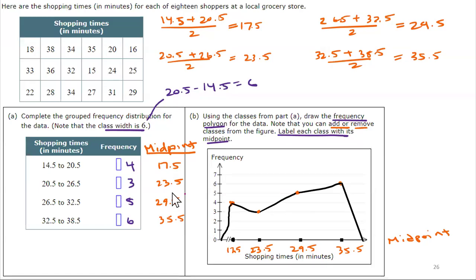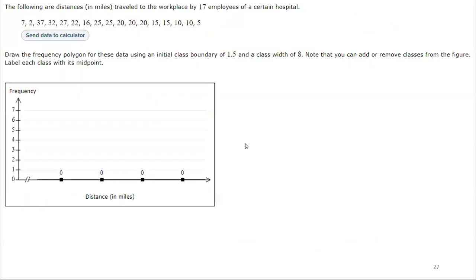So this one we have here is nice, because they gave us their class width, and we just had to figure out the midpoint and the frequency. For this one, it's a blank slate. So we have to create this table from this blank slate. It says here the following are distances in miles traveled to the workplace by 17 employees of a certain hospital.